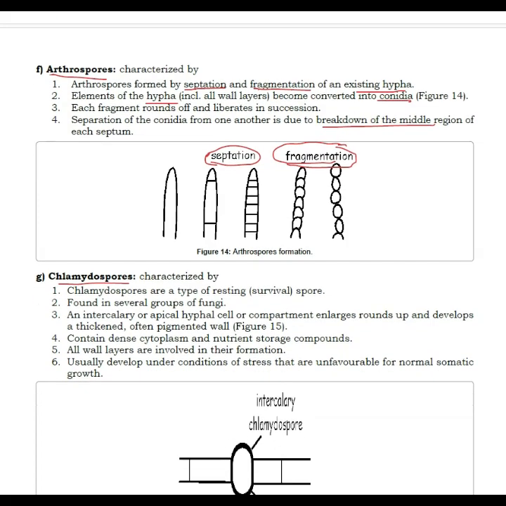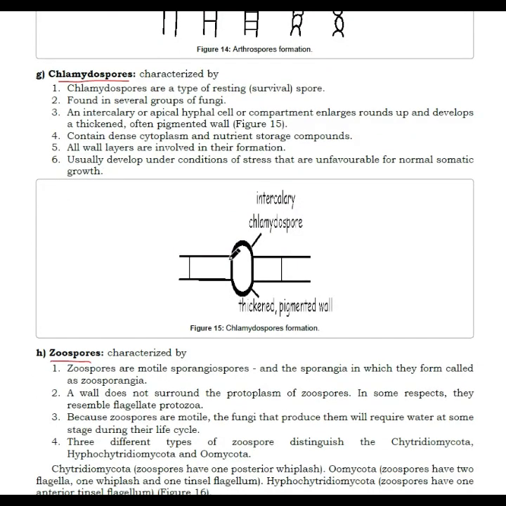This is arthrospore. Next is chlamydospore, very common and important. Chlamydospores are a type of resting or survival spore. They are found in several groups of fungi, and here the intercalary cell or hyphal compartment enlarges. So remember, the intercalary cell enlarges and rounds up and develops a thickened, often pigmented wall.